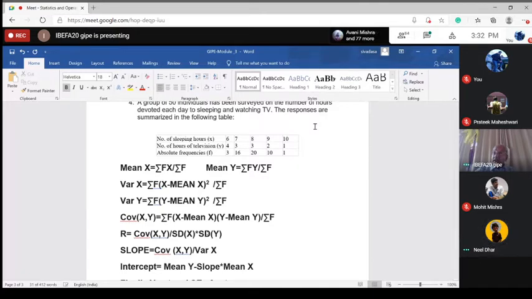But it is grouping the data. 6, 4 is repeated how many times? 3 times. 7 and 3 repeated how many times? 16. 8 and 3 how many times? 20. 9 and 2? 10. 10 and 1? 1. If I rewrite the data like earlier, how many times do I have to write the data? 50 times. So instead of writing individually, they have given it in grouped form.